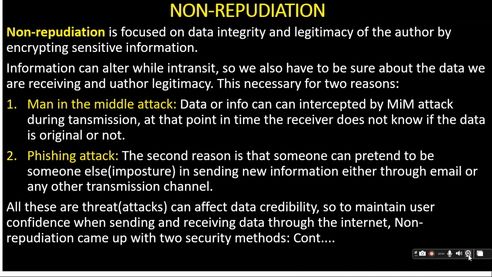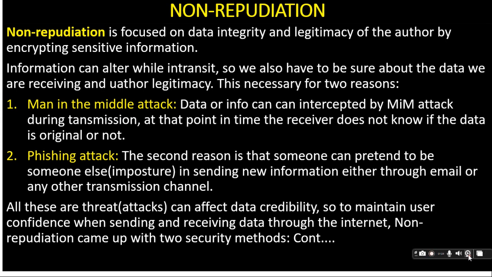Now, non-repudiation is focused on data integrity and legitimacy of the author by encrypting sensitive information. Remember, when we are talking about repudiation, the information is sent across, but there is no encryption when this information is sent across. So the man in the middle attack was able to hijack it and alter it before he sent it to the intended recipient.